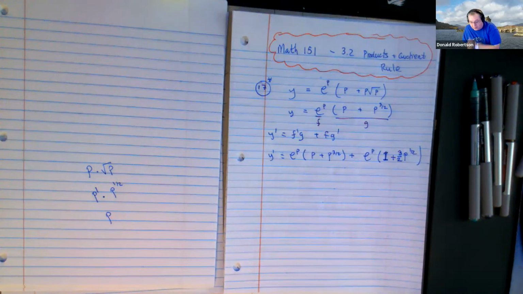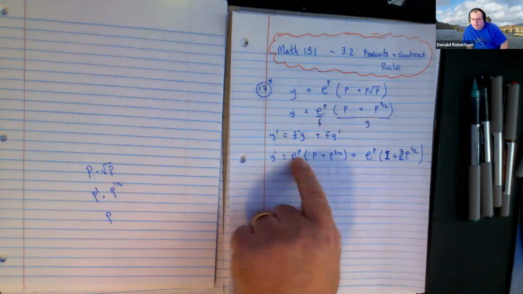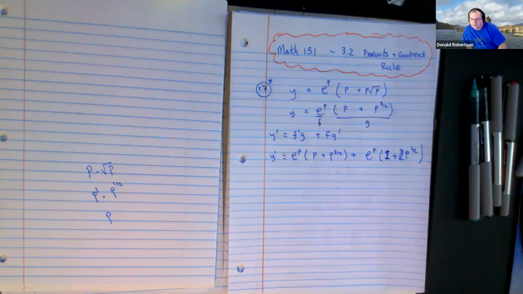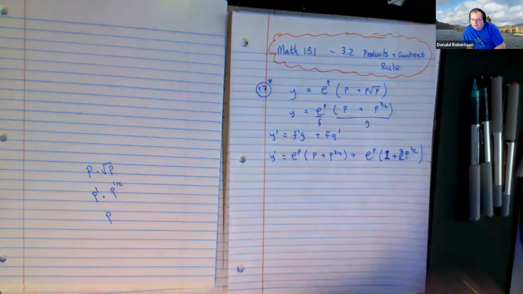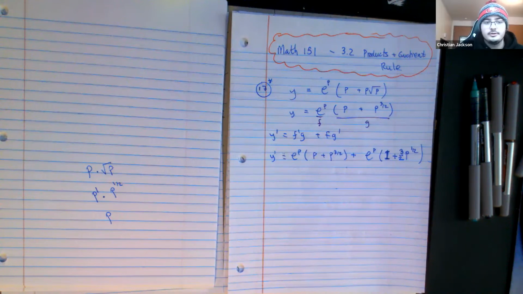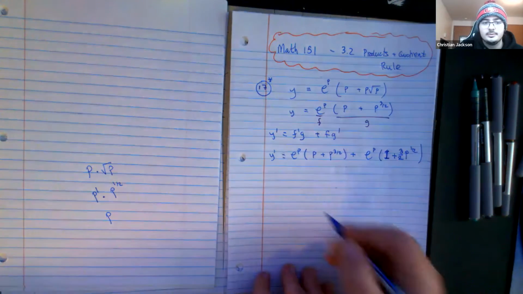Do you think that's going to be the answer, or should we be doing more next? You think that's good, or could it be made prettier? Think style points. Any suggestions? You can still factor out the e to the p.